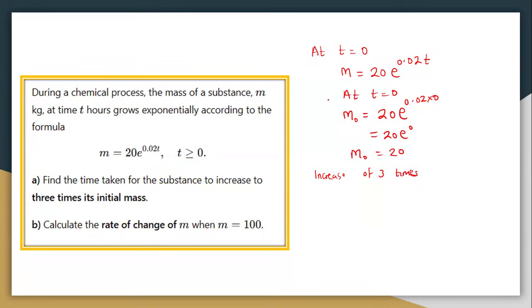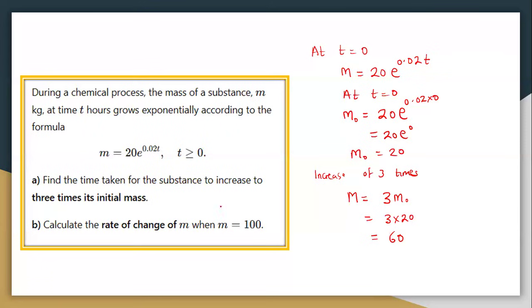If the initial mass is 20, when it increases by 3 times, which mass shall we have? Very good, it will be 60. Thank you, Ayob. Thank you, Jennifer. So our mass we are going to operate on is going to be 3 m naught, which is 3 times 20, and this will give us 60. Now they want us to find the time.